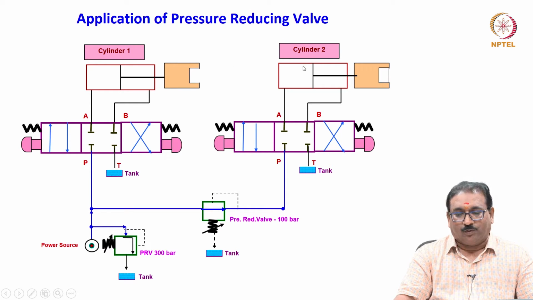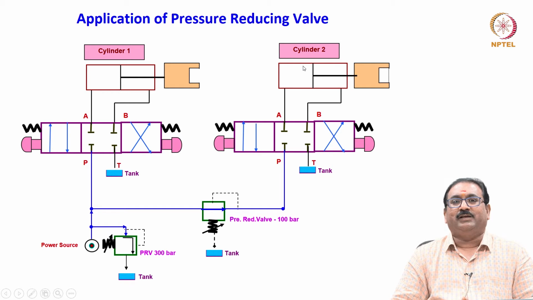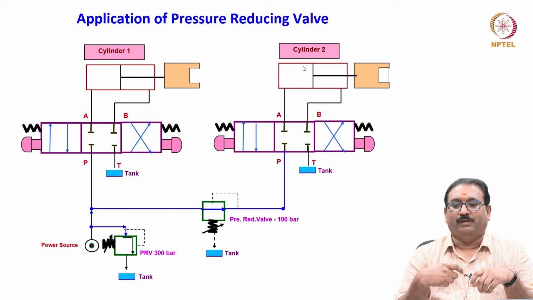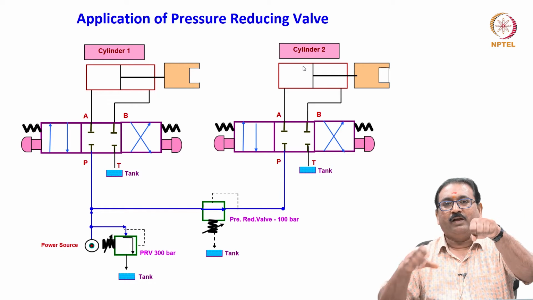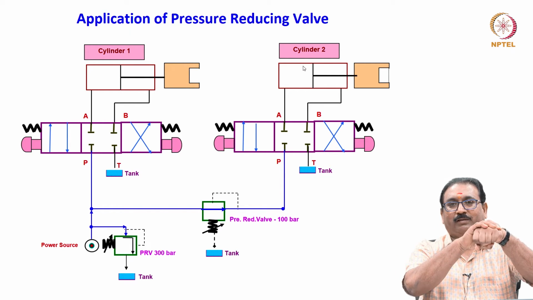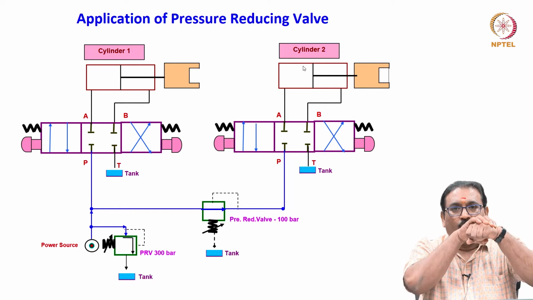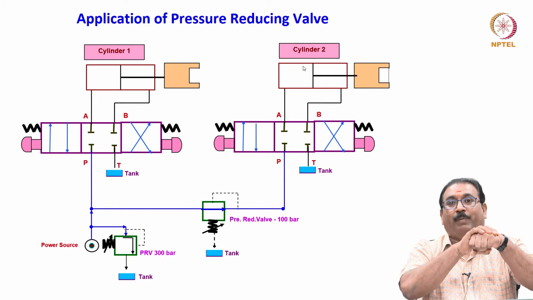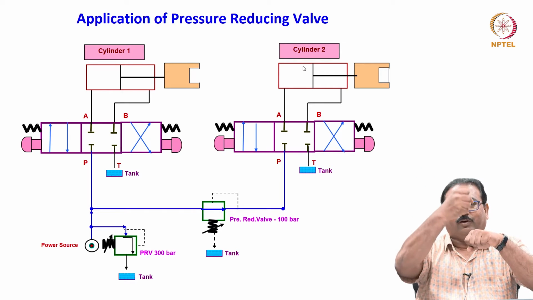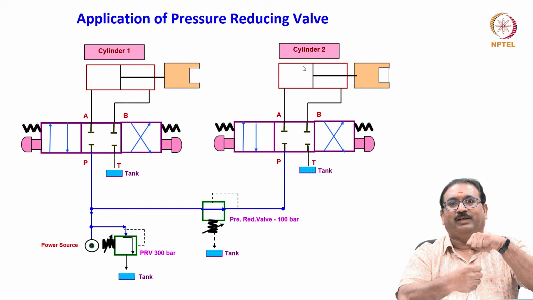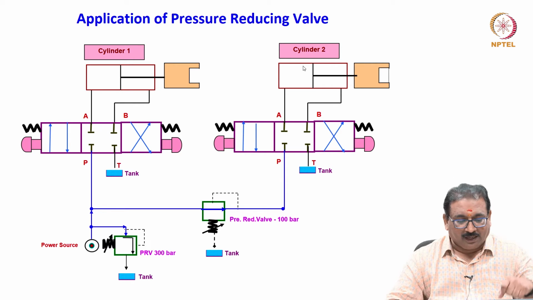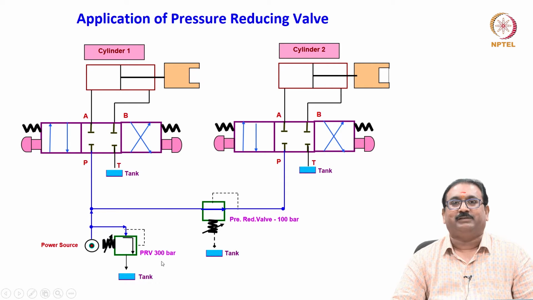This type of circuit is used in holding and pressing operations. Meaning cylinder 2 will go and hold the workpiece. Once the pressure builds to 100 bar, no flow, it is just holding. But cylinder 1 is coming from the top and pressing, doing the work, because it is receiving the flow up to how much? 300 bar setting.